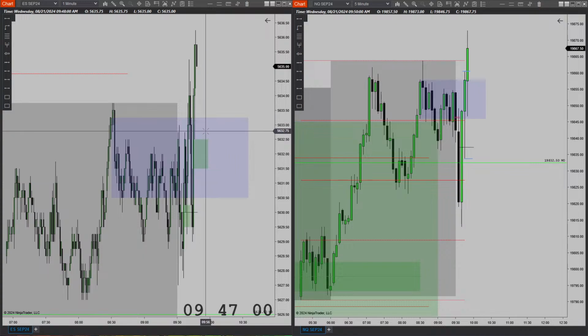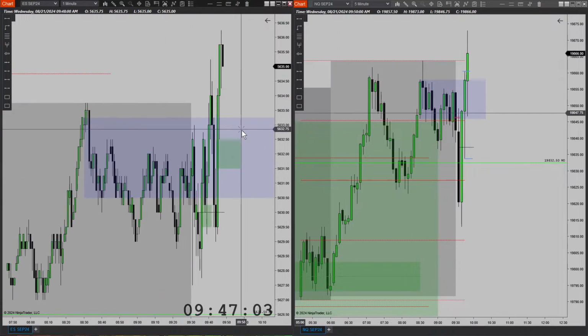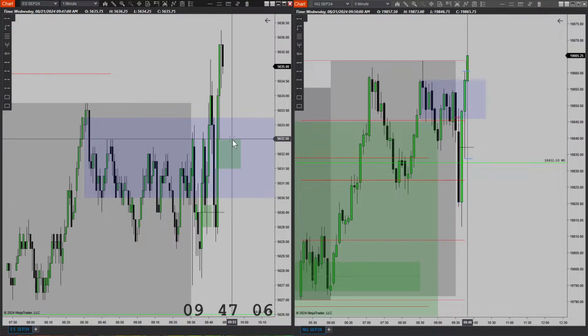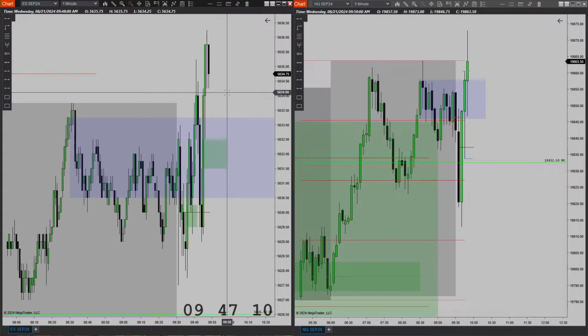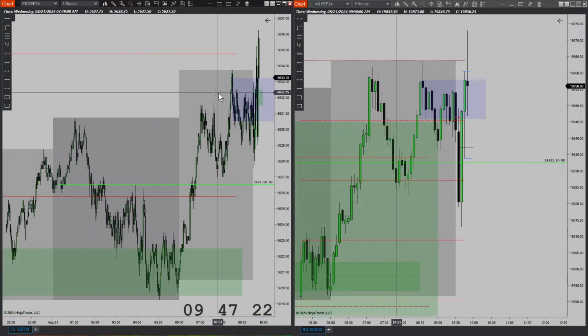All right. So, let's see here. Yeah, I would like to see a draw into this area here so I can get in, and my stop will be this low. So again, I'm risking my profit from earlier.